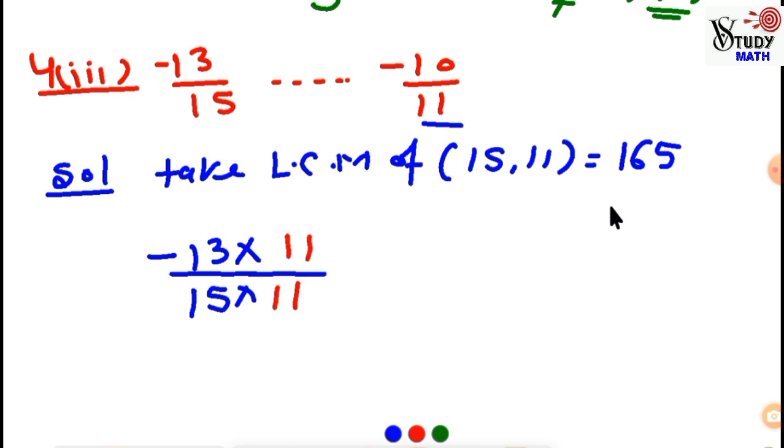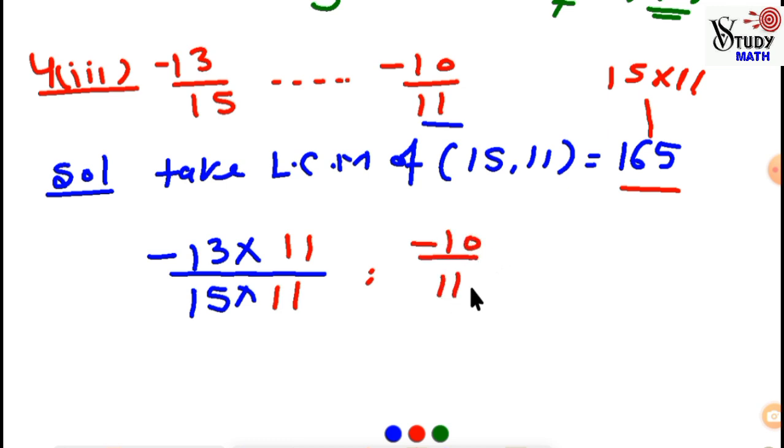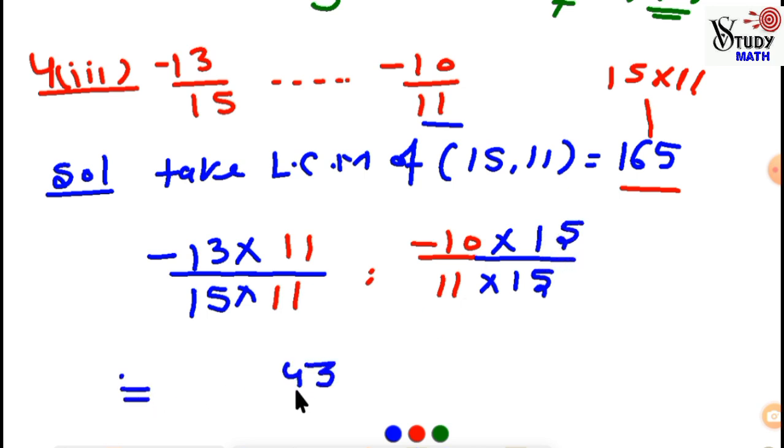This LCM is the product of the denominators. And for the second rational number, negative 10 upon 11, we are going to multiply by 15 in the numerator also. After multiplying, we have negative 143 upon 165, and second we have negative 150 upon 165.